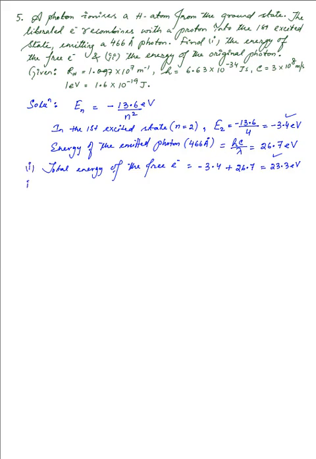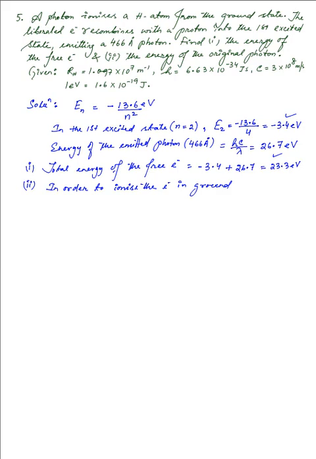Now as far as the total energy of the original photon, which supplied the energy to the electron in the first place, is concerned, in order to ionize the electron in the ground state, the energy possessed in the ground state is minus 13.6 over 1 squared, so that is minus 13.6.